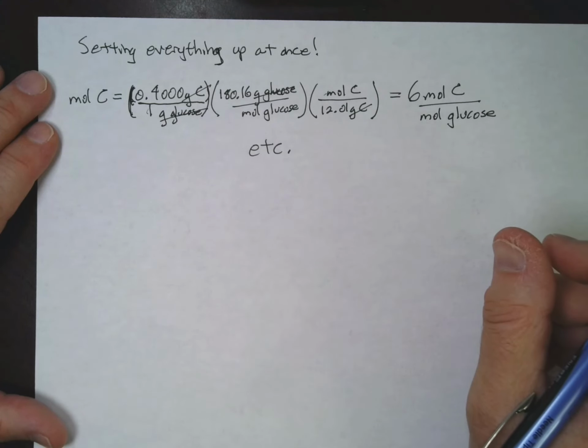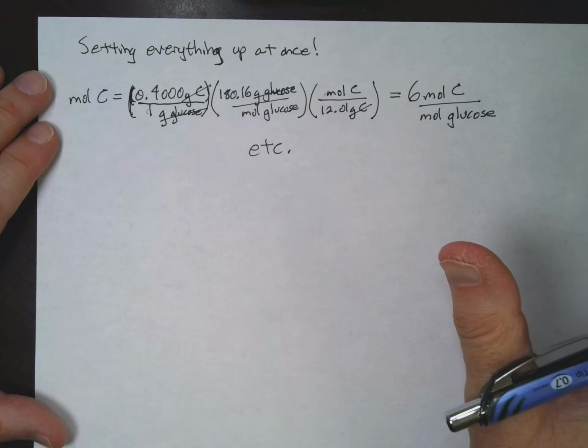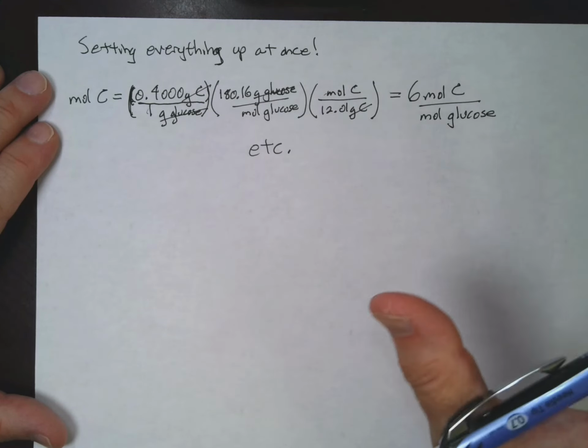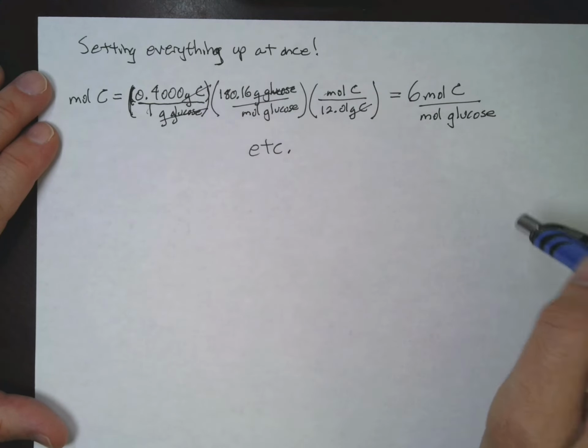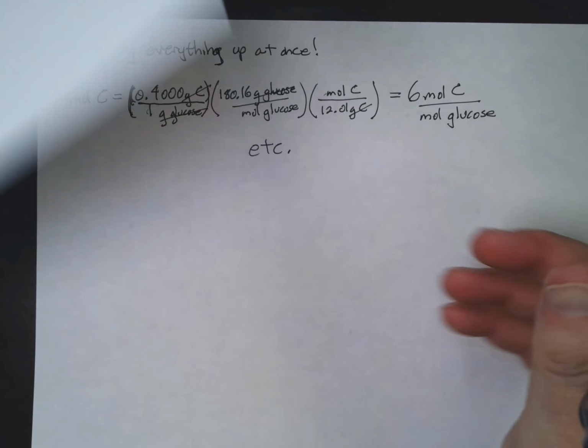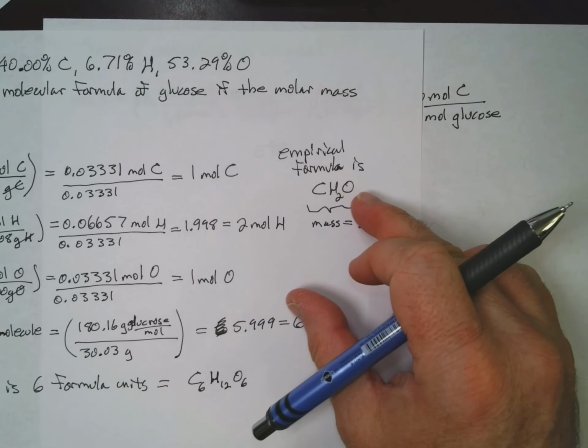Now, if you don't know the molar mass, then you have to start making some guesses. If we didn't know the molar mass, we'd know this is our empirical formula.